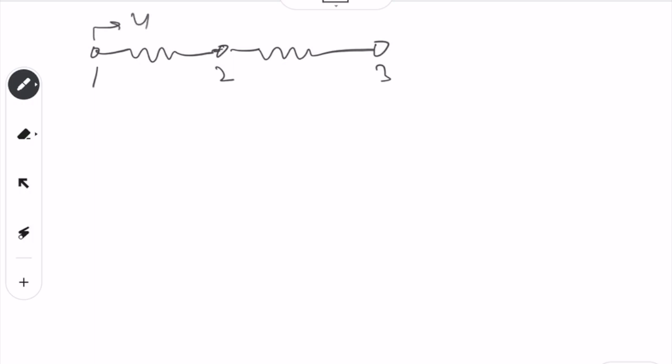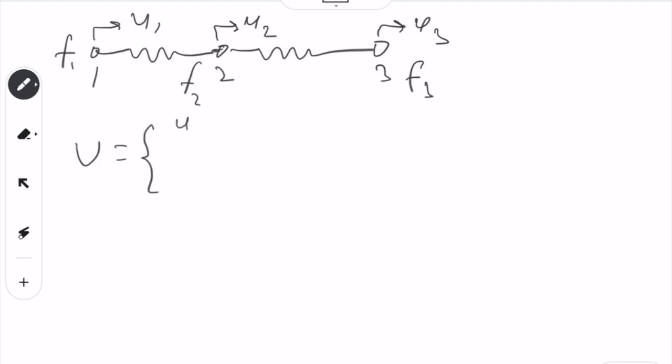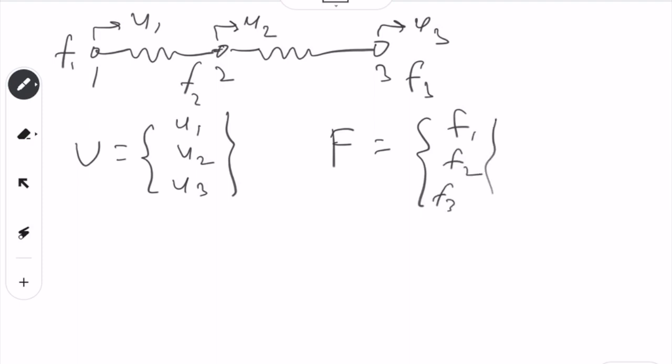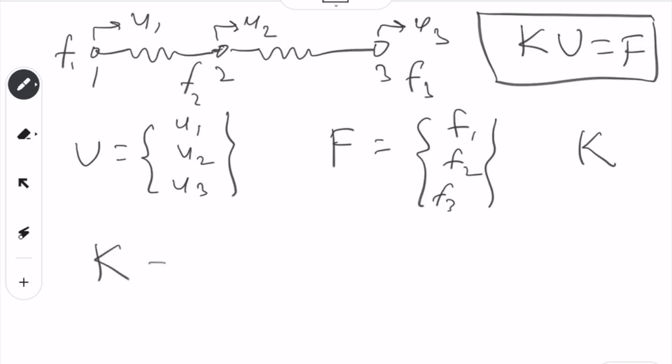And how? Let us say this is U1, this is U2, this is U3, and then you have F1 here, then we write F2 here, and then write F3 here, and then we have the displacement vector U equal to U1 U2 U3, and then you have a force vector F equal to F1 F2 and F3, and then you have a stiffness matrix K, and the relationship is K times U equal to F, where K is equal to, we can assemble.